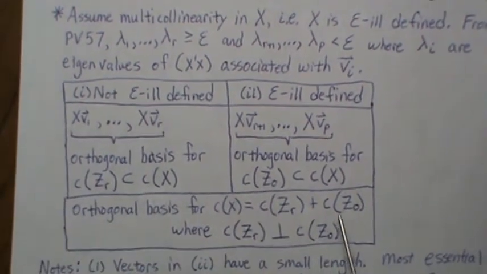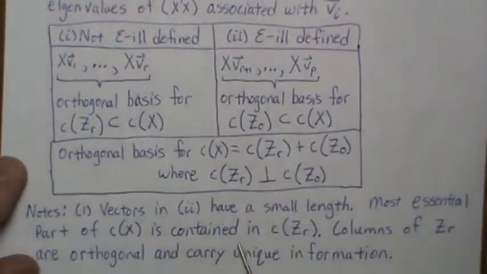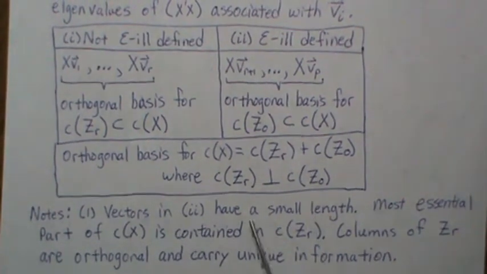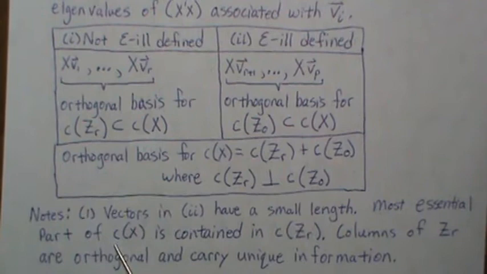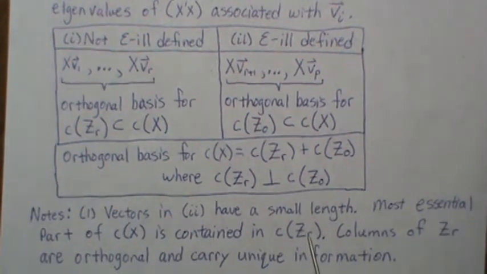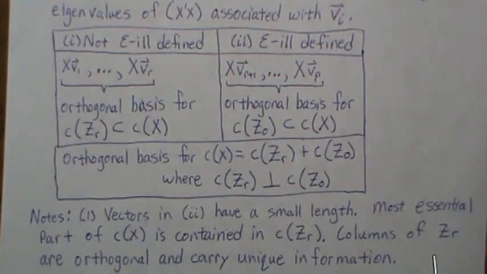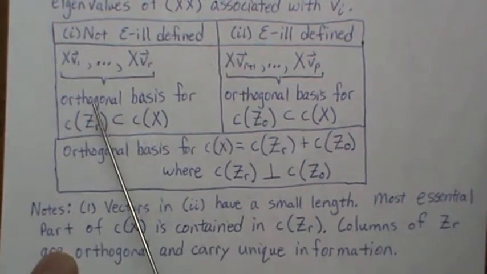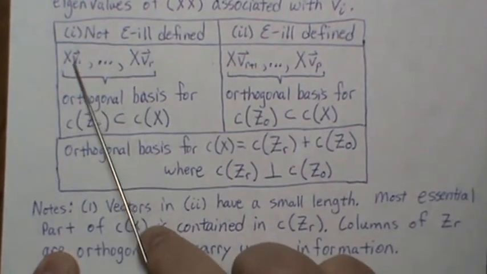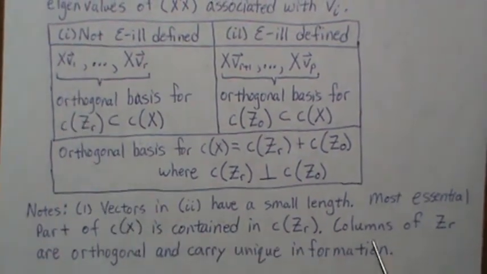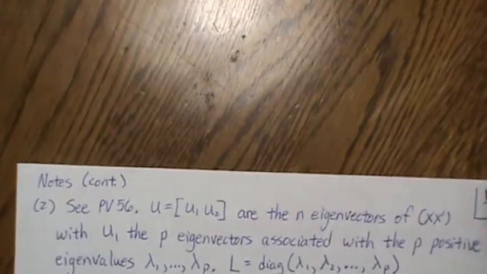These are also perpendicular. Note 1: vectors in the second set all have small length. So the most essential part of the column space of X is contained in the column space of Z_r. Now the columns of Z_r are orthogonal and carry unique information. That's kind of neat. The inner product of any two vectors is 0, and statistically we say they're independent or they carry unique information.